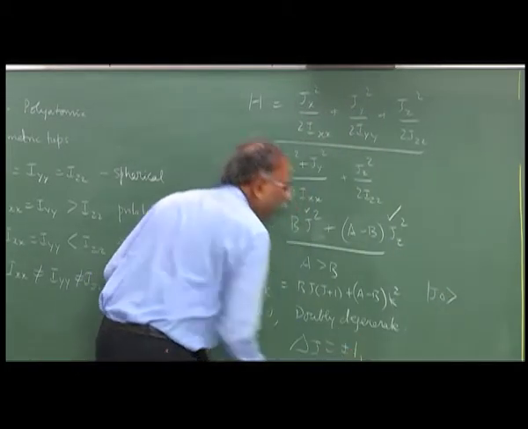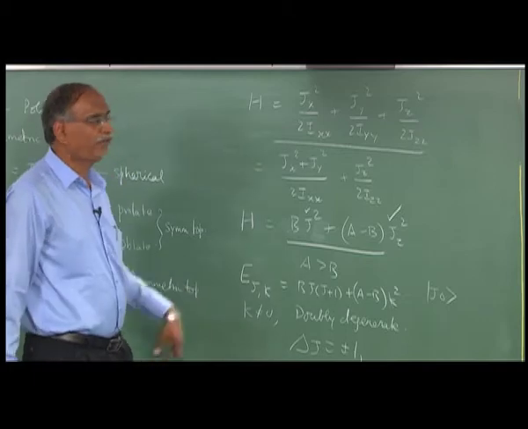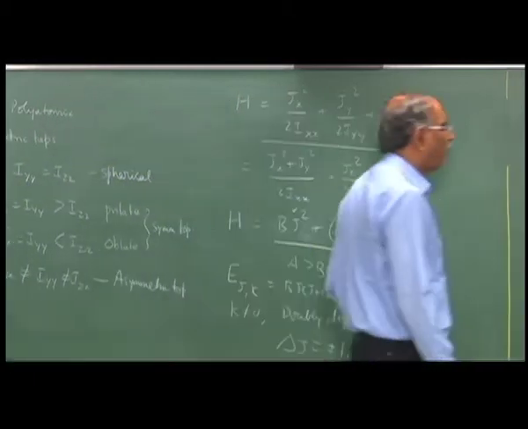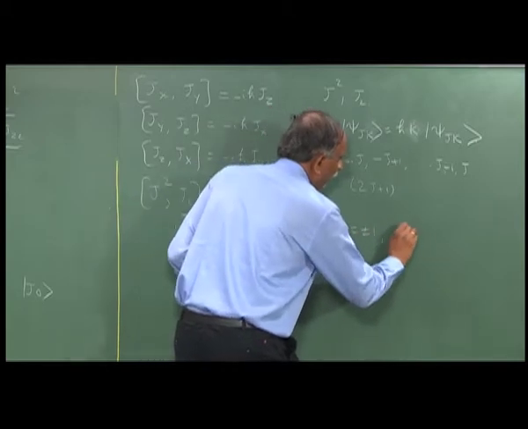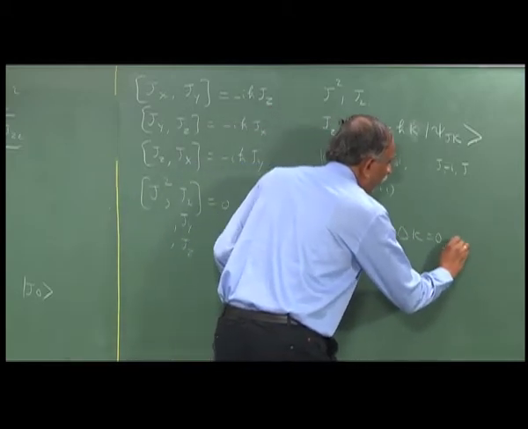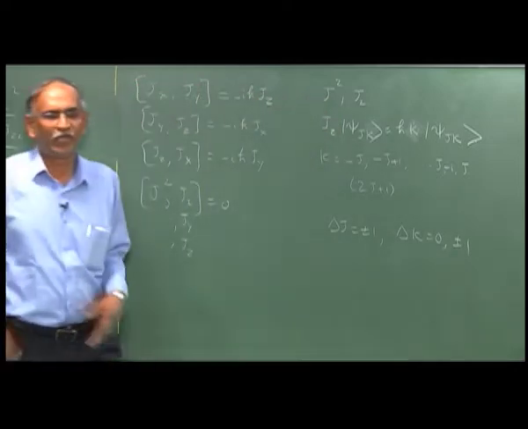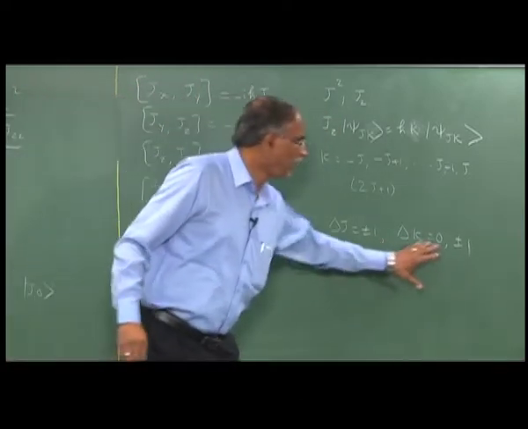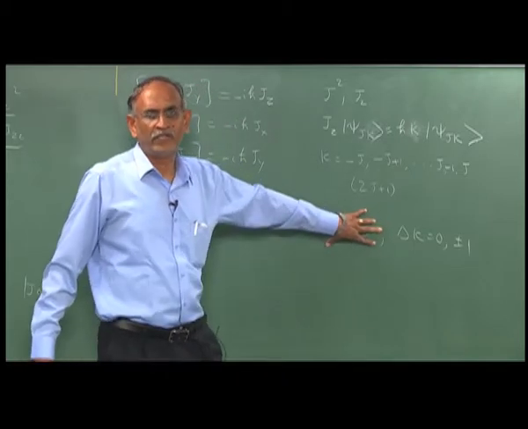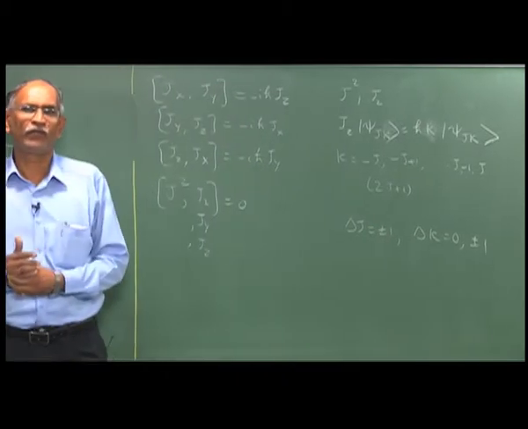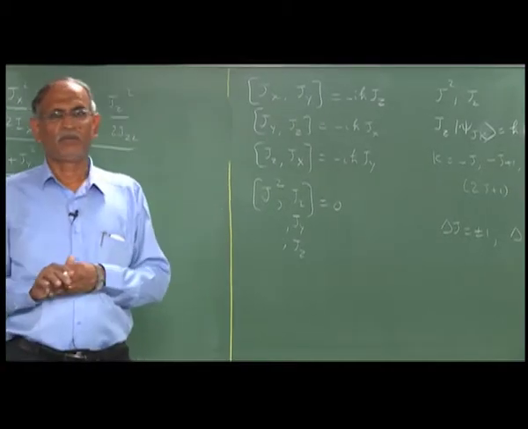is equal to plus minus 1, and depending on the special molecular cases, you may have the selection rules delta j is equal to plus minus 1 and delta k is equal to 0 or plus minus 1. That depends on the molecular nature. We did not elaborate this, but I recall that this was the stated selection rule for the polyatomic molecular case.